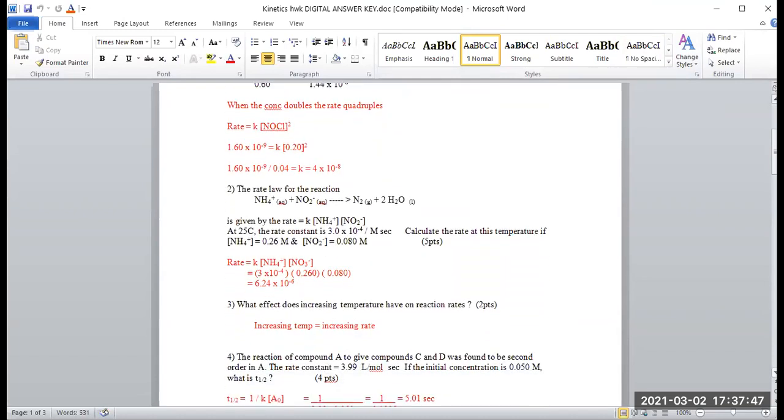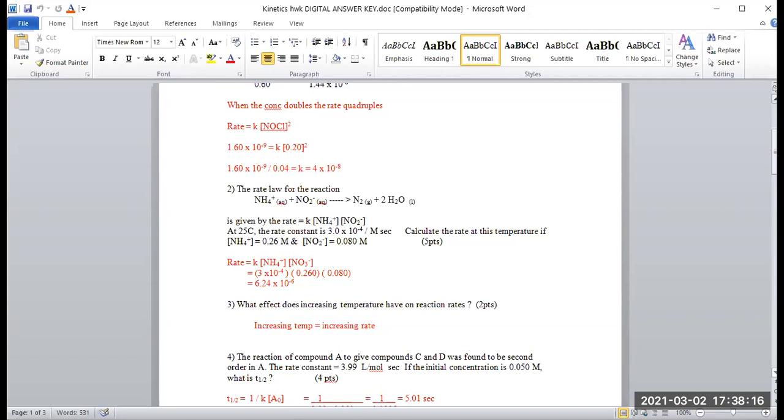All right, on the one below it, for number 2, I gave you all of the relevant information such that you can calculate your rate value. K being 3 times 10 to the negative 4th, the ammonia concentration being 0.26, and the nitrite.